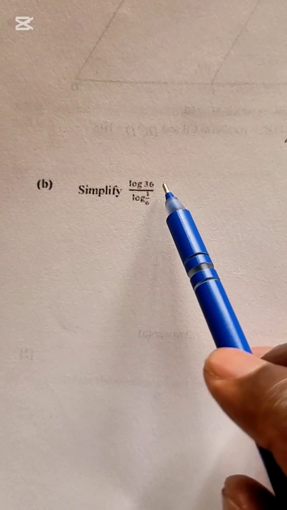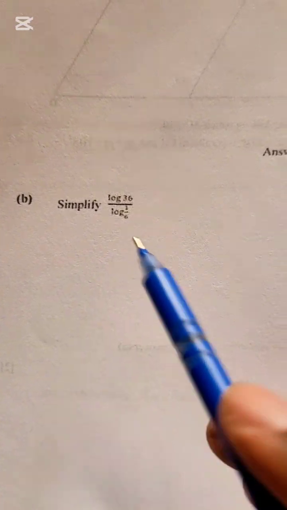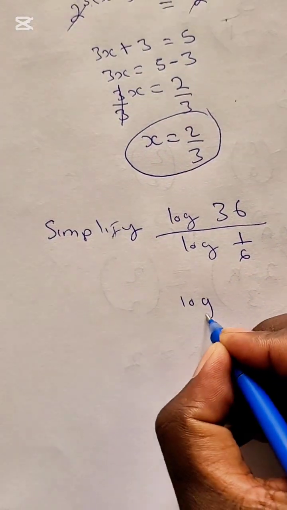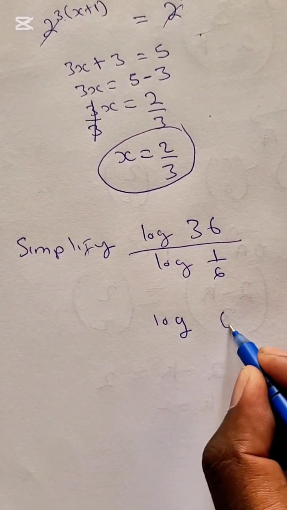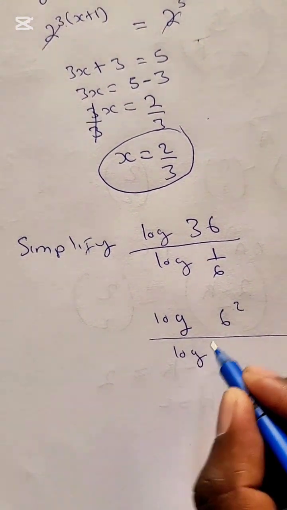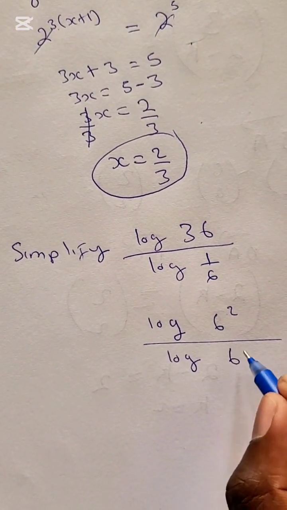Okay, so let's simplify part B. Log 36 over log 1 over 6. Log 36 is the same as log 6 to the power of 2, over log 1 over 6, which is the same as 6 to the power of negative 1.